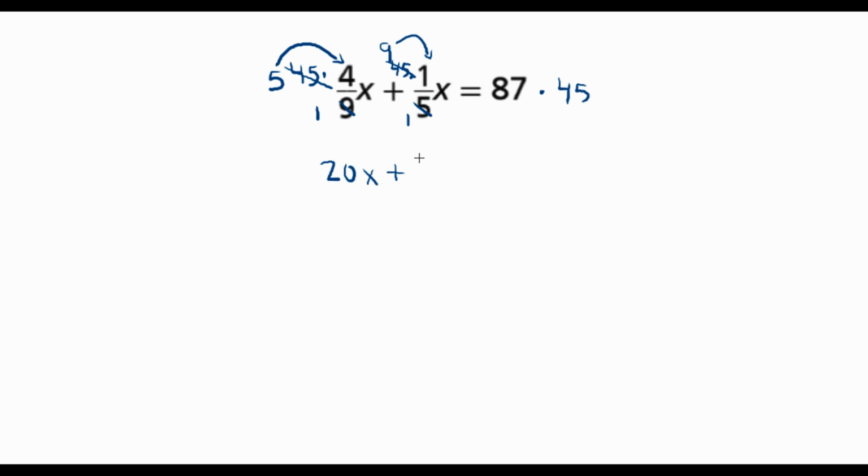And then I do 9 times 1, which is 9x. And now we don't need the 1 underneath it, because 9 divided by 1 is just 9. Bring down the equal. And now here we're going to get a relatively large number. We have no choice. 87 times 45 will give us 3,915.